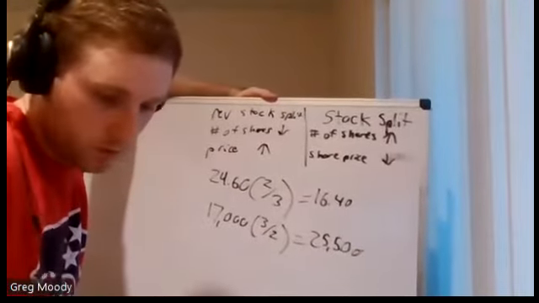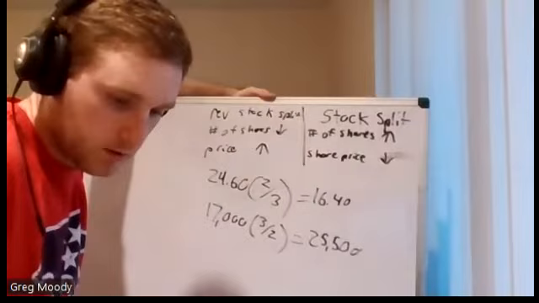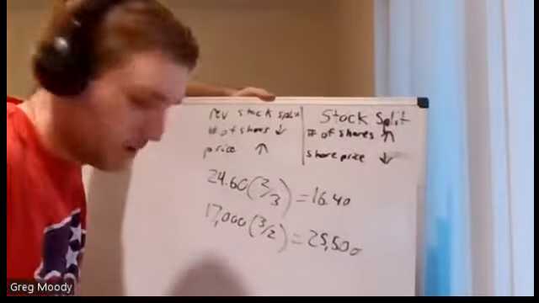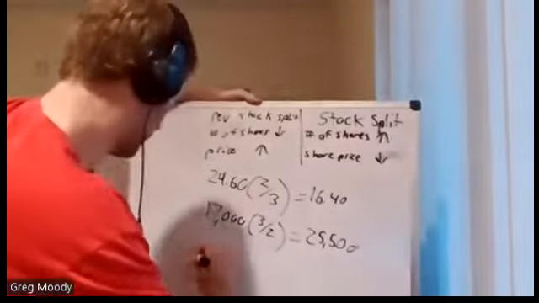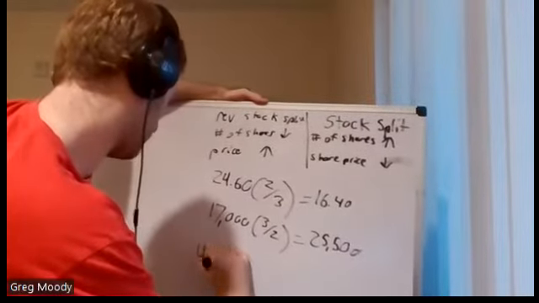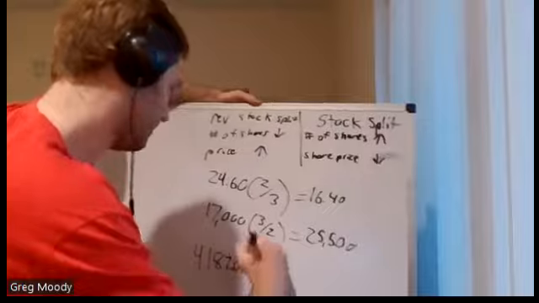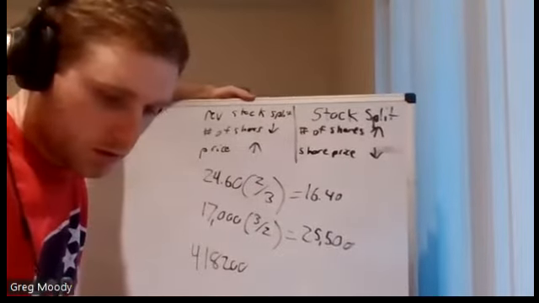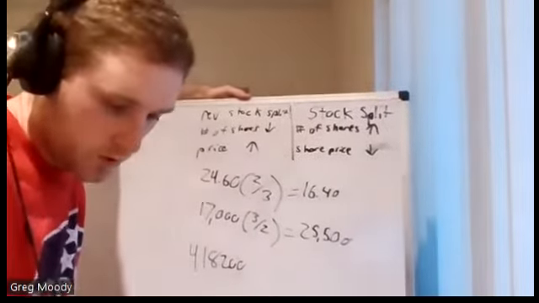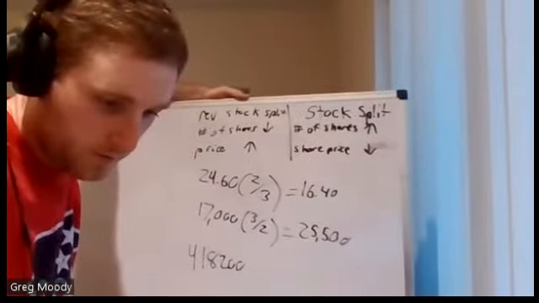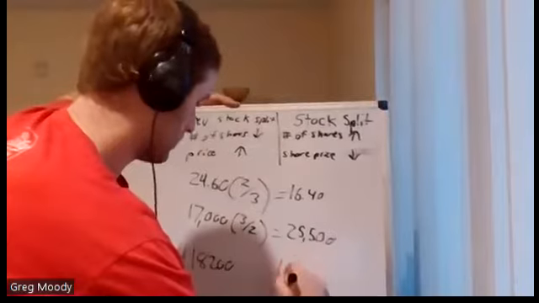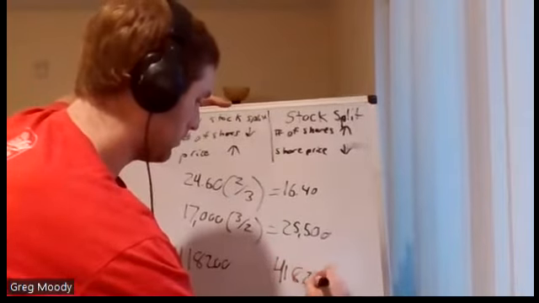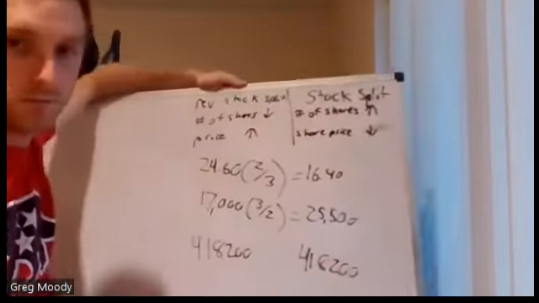So now 24.6 times 17,000 equals 418,200. And then 16.4 times 25,500 equals 418,200.